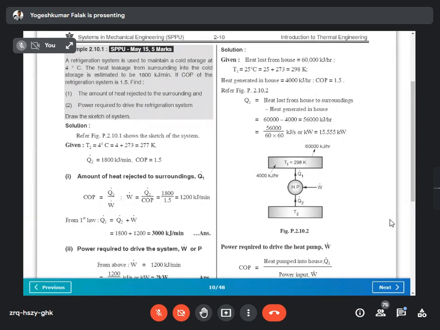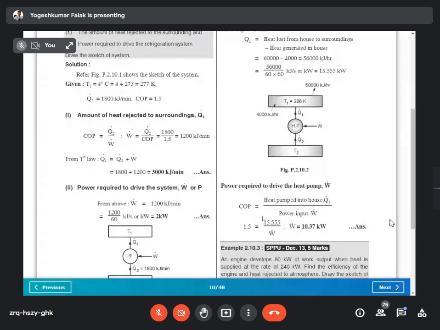Write down this in your notebook. So 60,000 minus 4,000 is equal to 56,000 kilojoule per hour. So in this way, you get the value of Q1 here. Once you get the Q1, you get that COP, Q1 and W. So from this equation, you calculate that W is equal to 10.37 kilowatt.